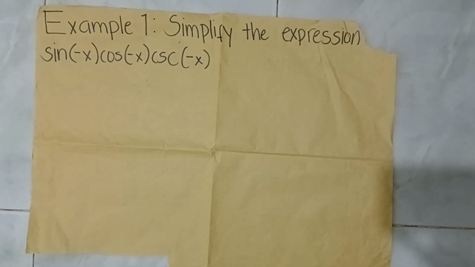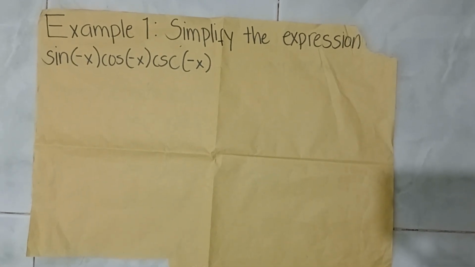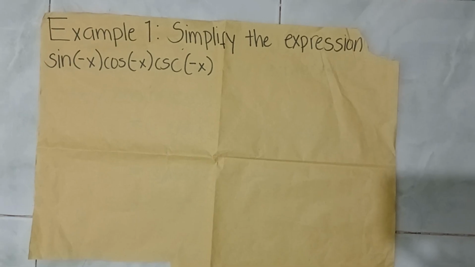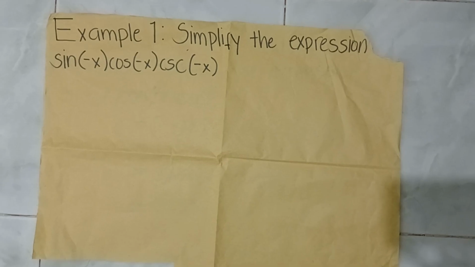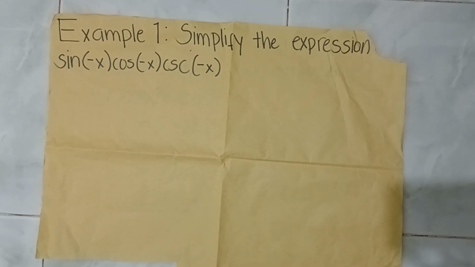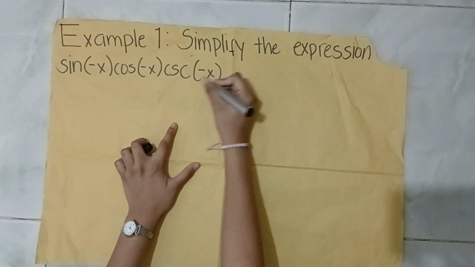Example number 1. Simplify the expression. Simplify the expression sine of negative x times cosine of negative x times cosecant of negative x. First, we apply the odd-even identities.